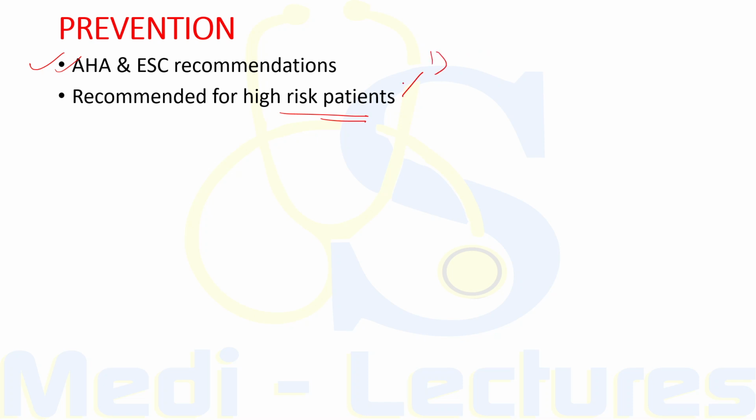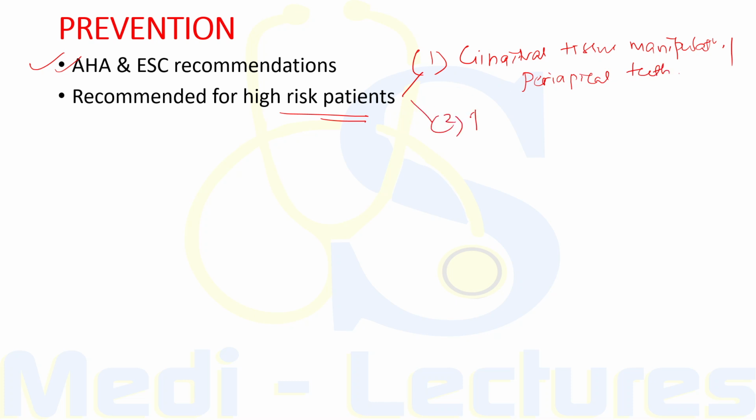Who already have some heart disease and who are undergoing gingival tissue manipulation or manipulation of periapical teeth region, or the patients who have perforation of oral mucosa. So these are the conditions in which bacteremia can develop.